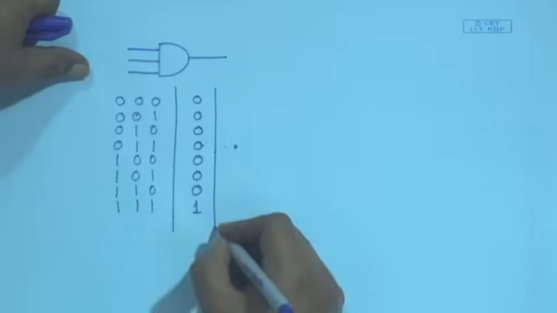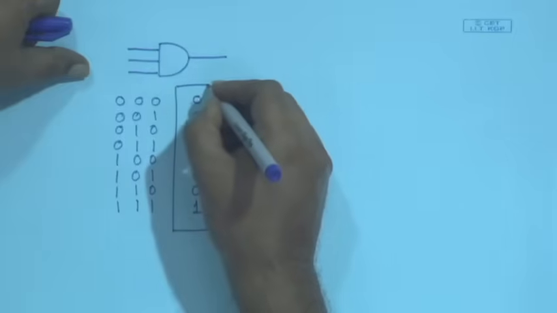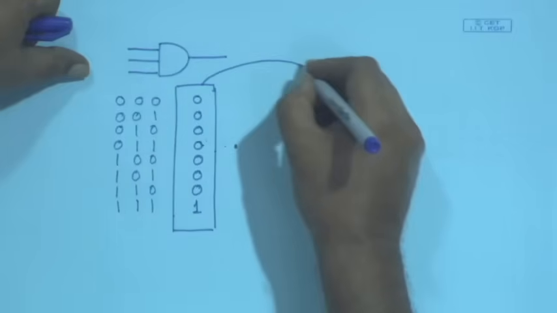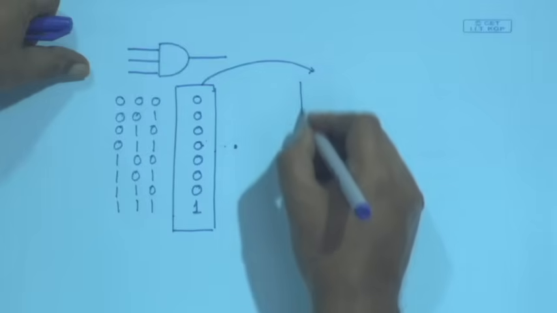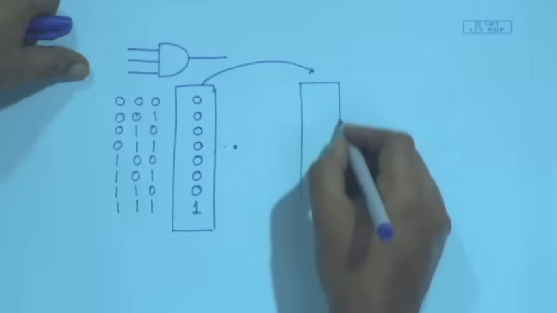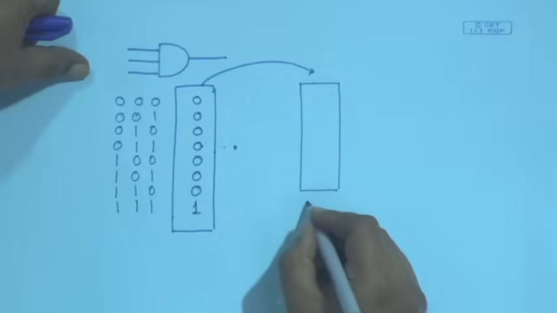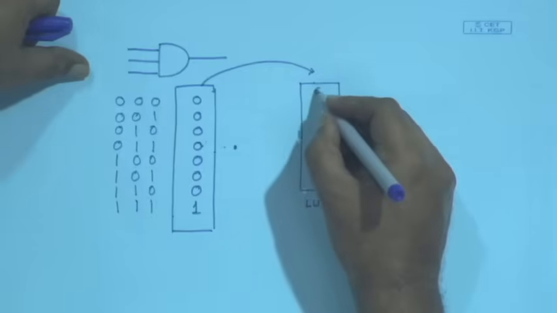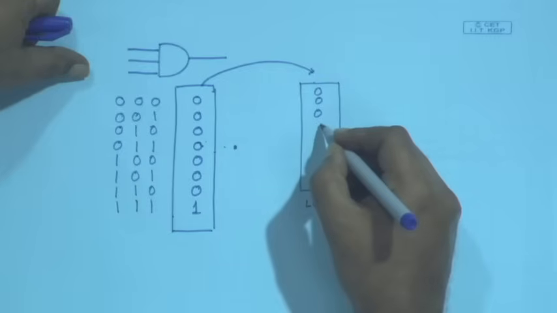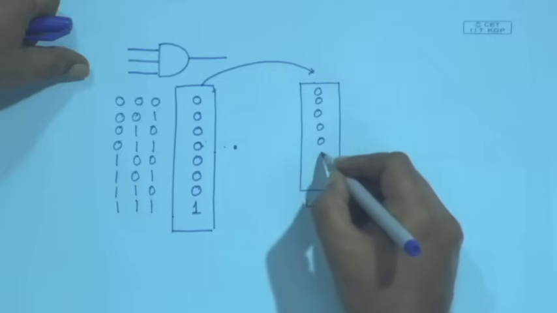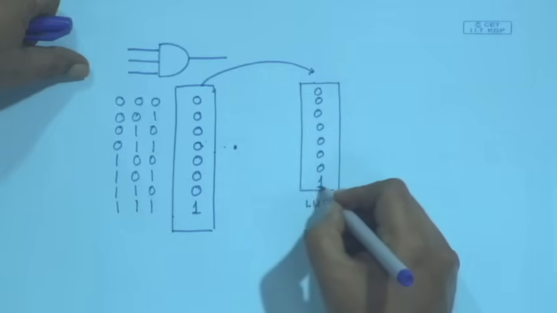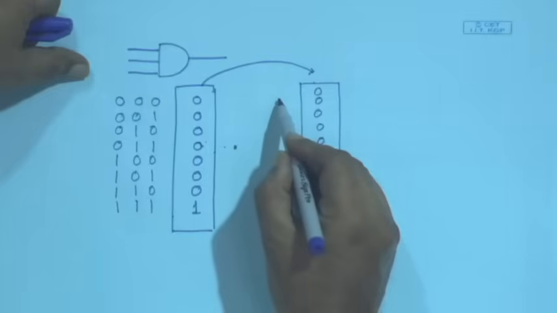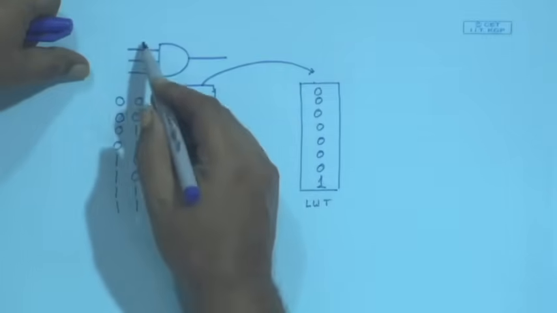Now, I just take this and program it in the lookup table. So, the lookup table will now have 0 0 0 0 0 0 0 1, right, and at my input will be whatever the logic input is.